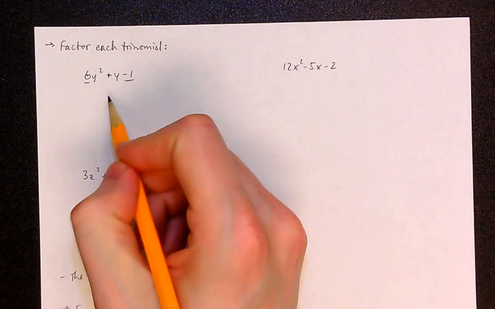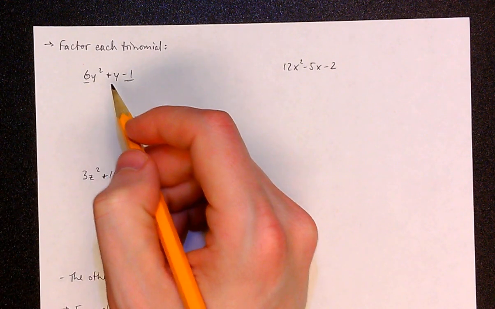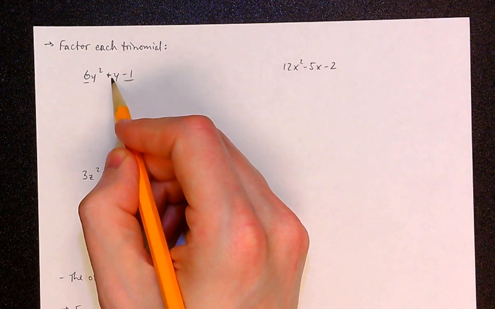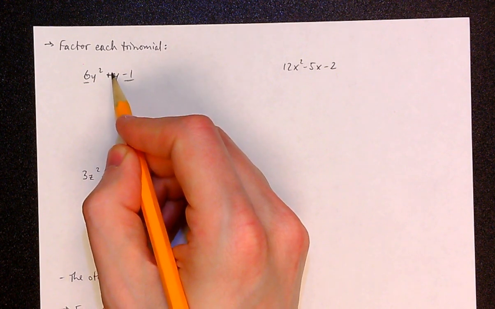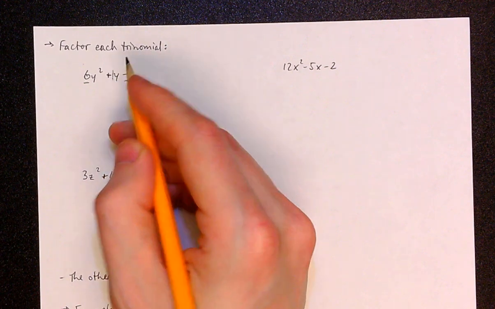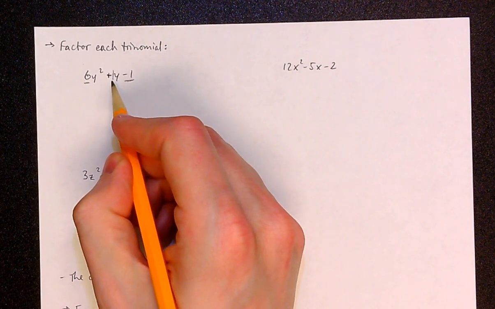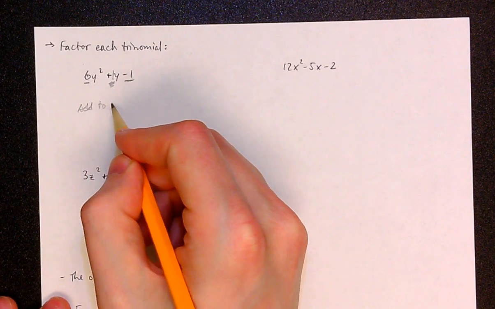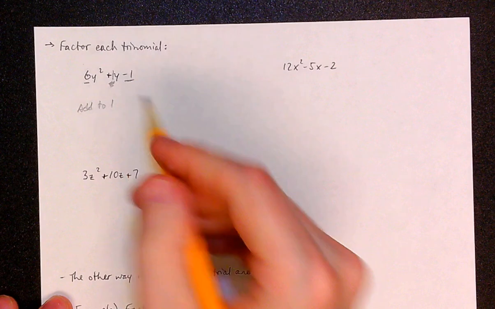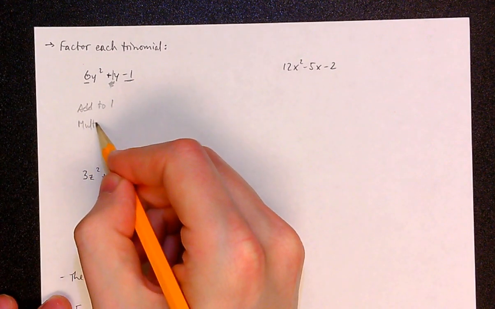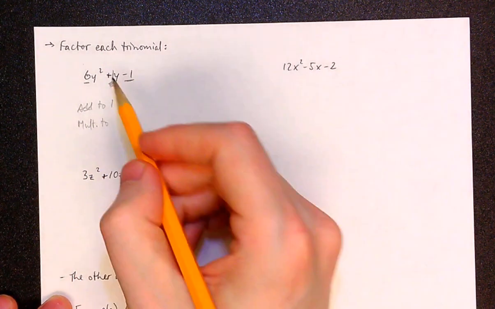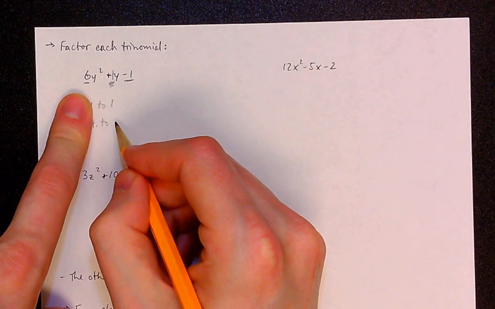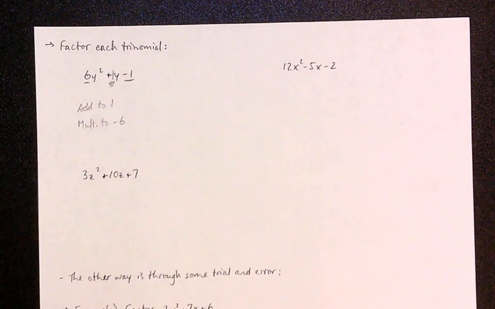I need to come up with two numbers that will add to the number in front of my y here. Secretly, I have a 1. So I need two numbers that will add to that positive 1 and numbers that will multiply to the product of the positive 6 and the negative 1, or negative 6.